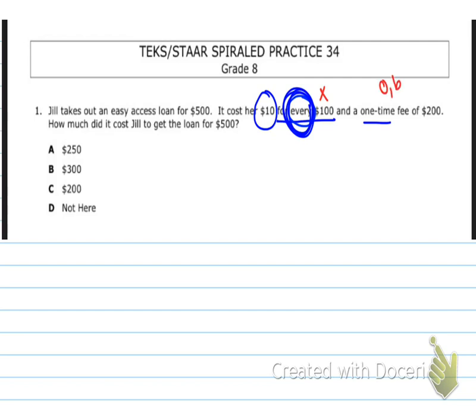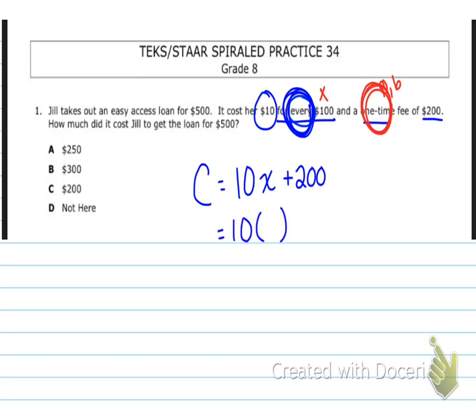And then, well, how much would it cost? Well, here's how we find the cost. The cost is 10 per every 100, which is 10x, and a one-time fee of 200, so plus 200. So what we got to do is, if we want to find the cost, we got to figure out x. So x is every 100.